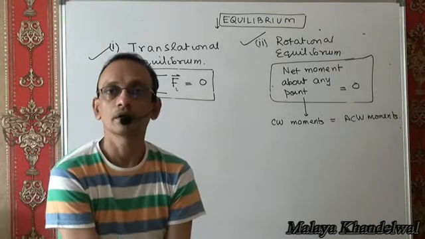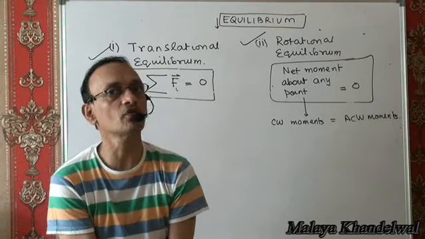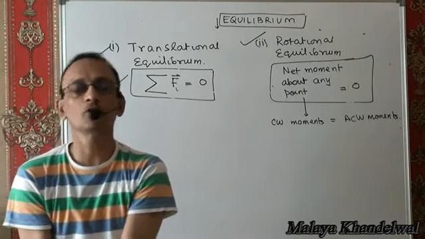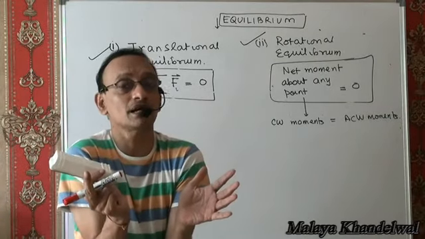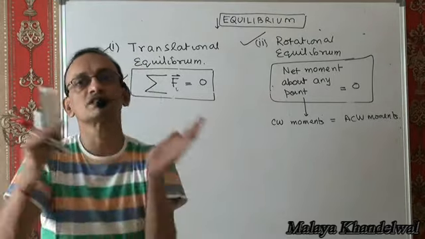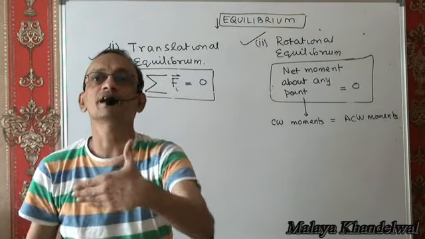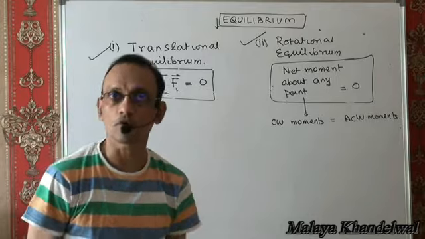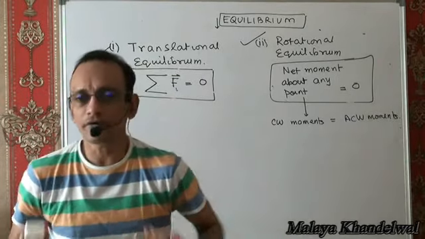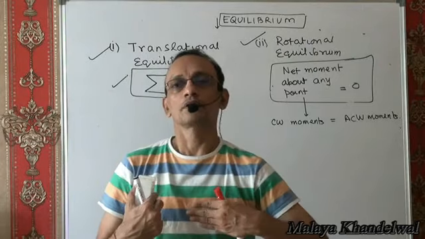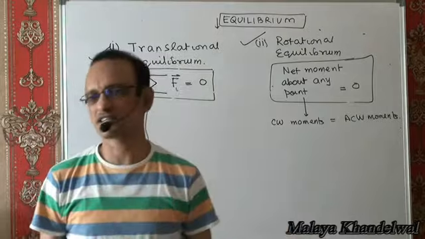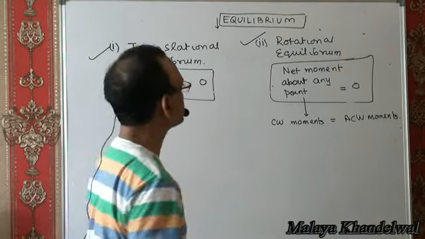That means the sum of clockwise moments must equal the sum of anti-clockwise moments. If we choose anti-clockwise positive and clockwise negative, then algebraically they must add up to 0. That's the story of rotational equilibrium, and as of now we are restricting ourselves to planar situations.